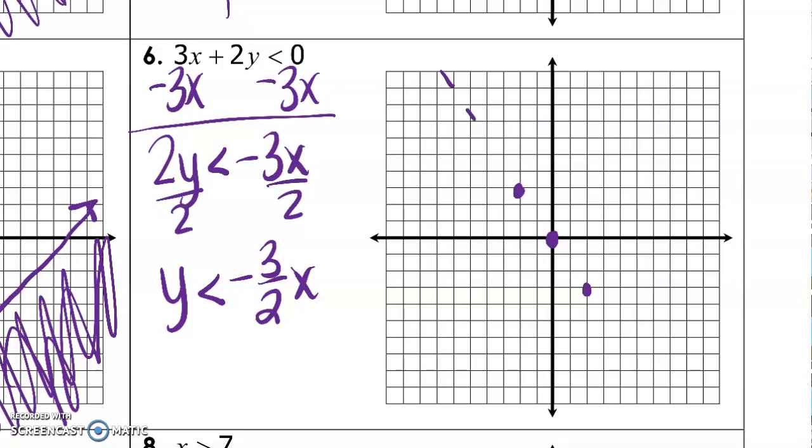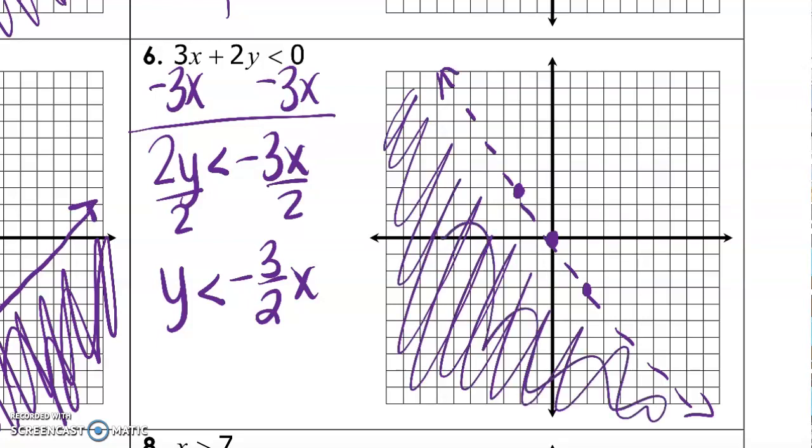I would have a dotted line or dashed line. It's a less than sign, so we think we should be down here. If we use the trick I use, we cannot plug in 0, 0 because it's on my line. So I would pick 1, 1. So 1 is less than negative 3/2. That is false, so I was correct in where I shaded.